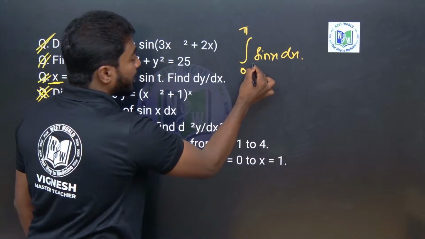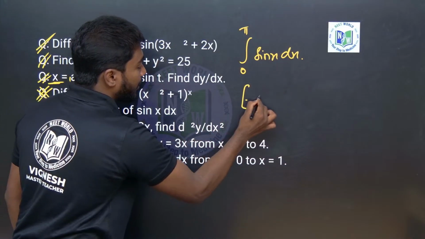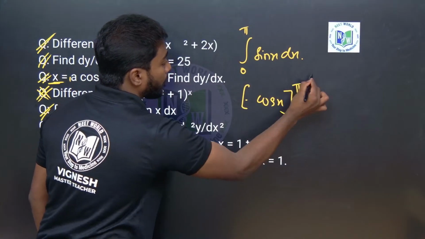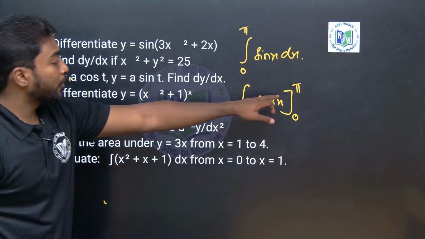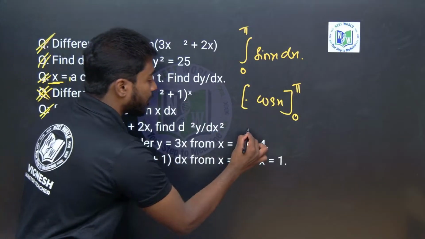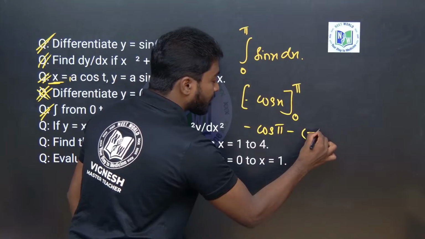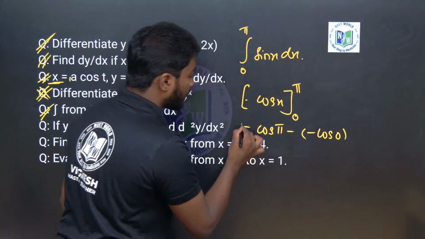So if I apply the integral of sin x, that is minus cos x, with limits from 0 to pi, first I need to apply the upper limit, that is minus cos pi, minus of minus cos 0.